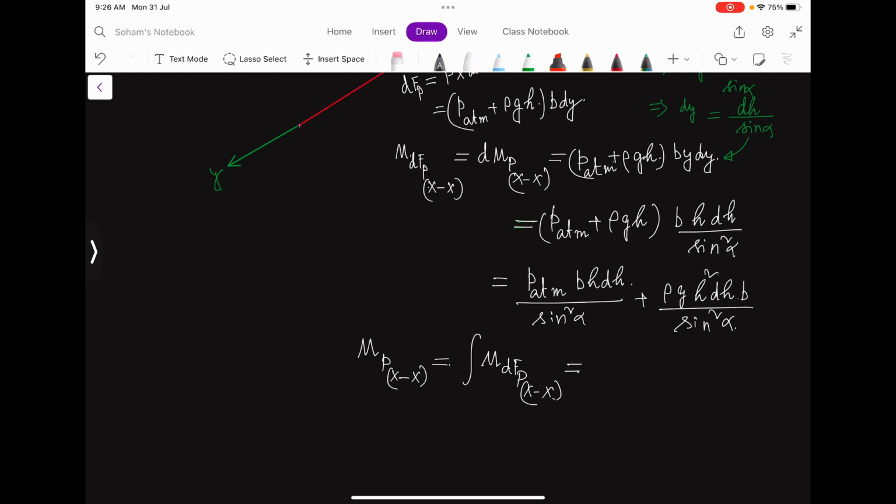So this will be the integral of this one, right?